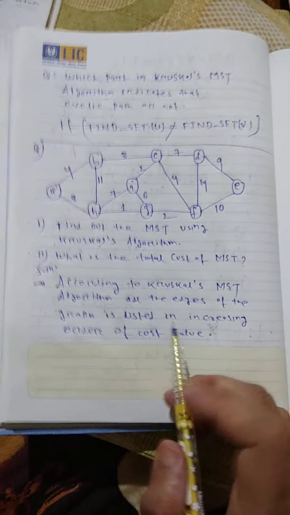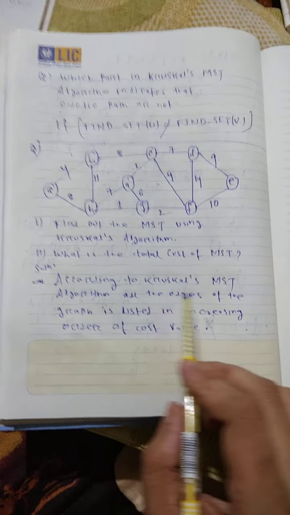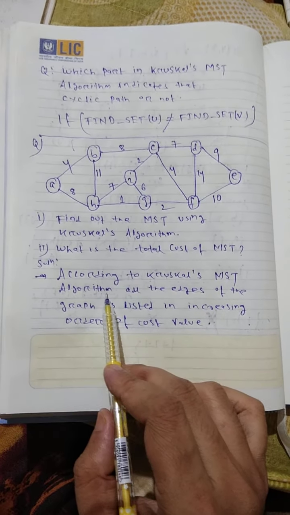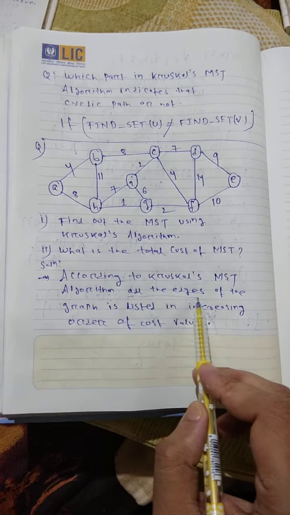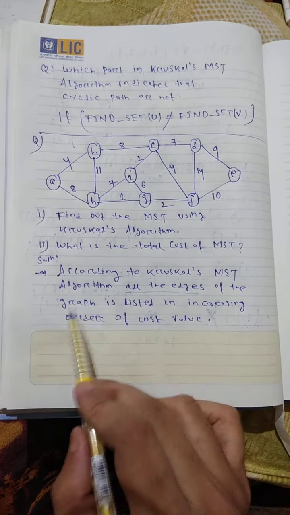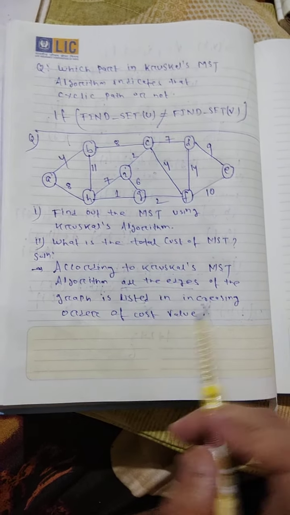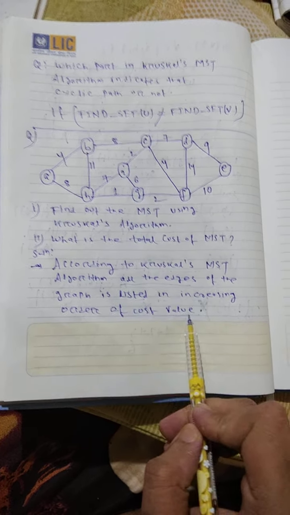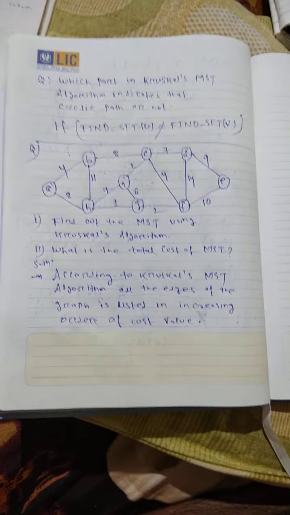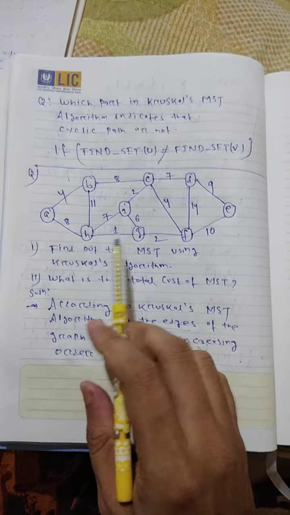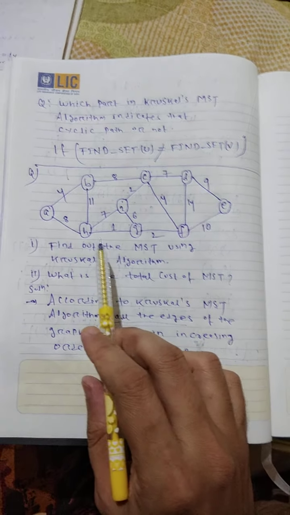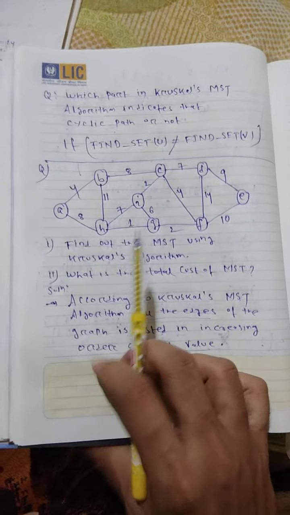Okay, so in short, what happened? The first step according to the Kruskal minimum spanning tree algorithm: all the edges of the graph are listed in increasing order of their cost value, so that we know which edge to write first.